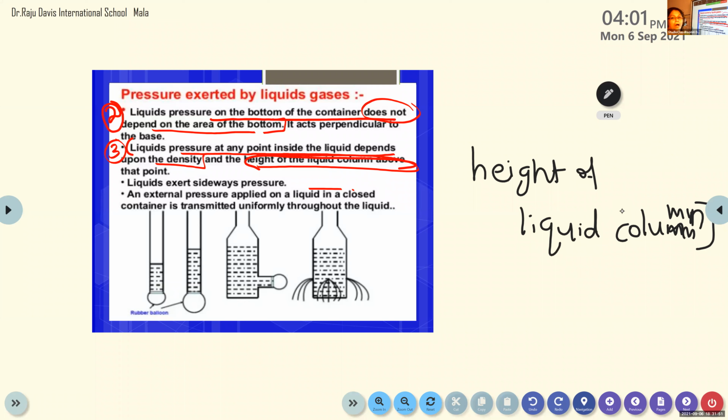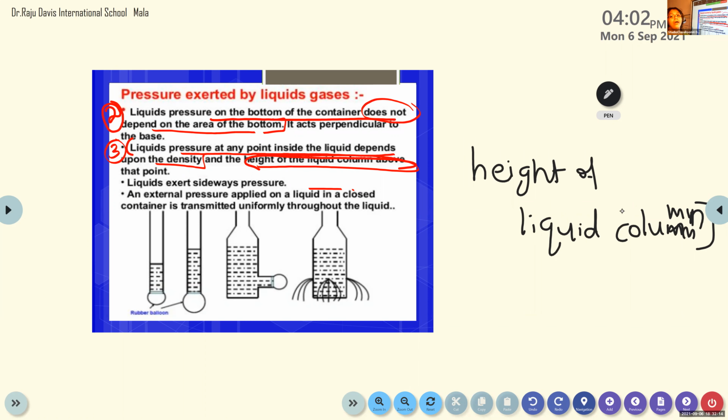So higher the density, higher the pressure. Oil may not exert much pressure, but who will exert more pressure? Water.